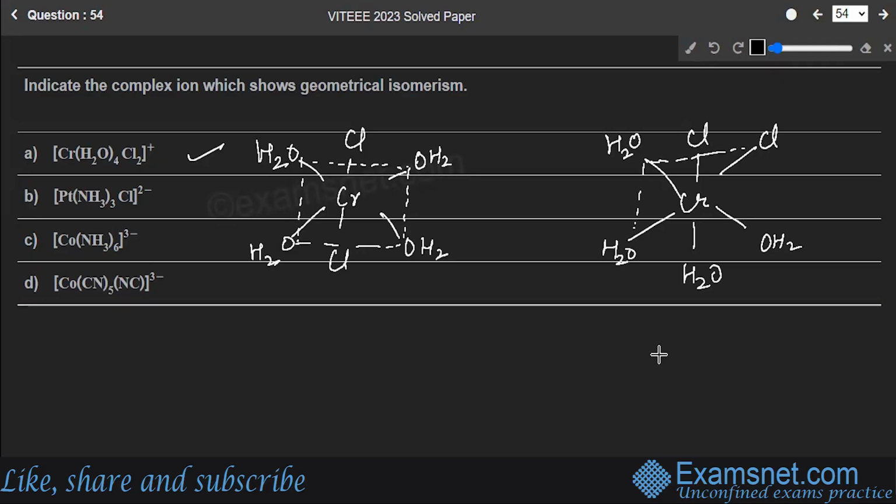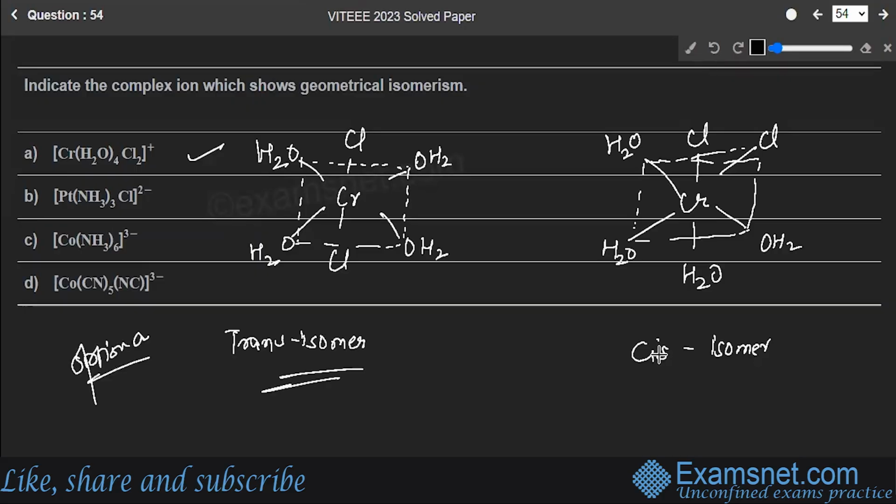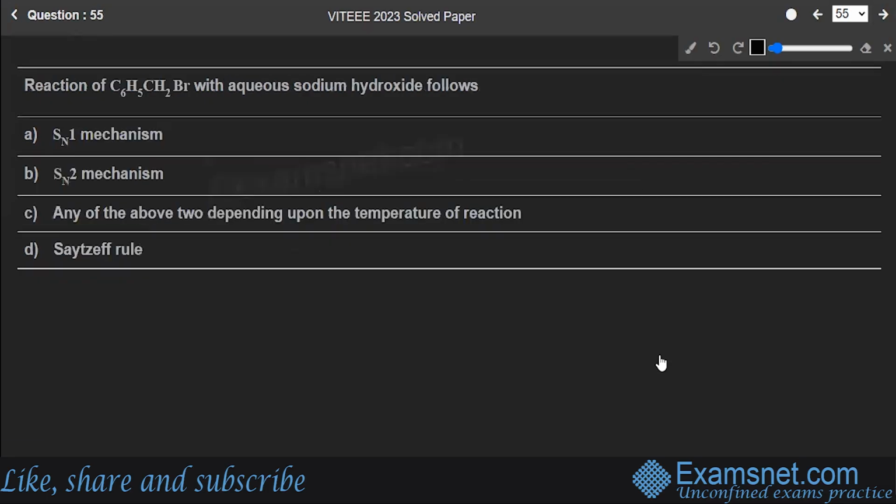Actually this should be straight, like this. This is the cis isomer and the trans isomer. So option A is the right answer. Hope you got that. Next is question number 55.